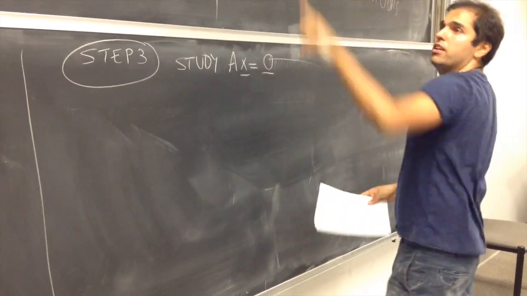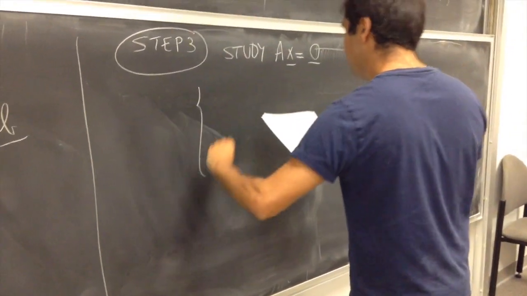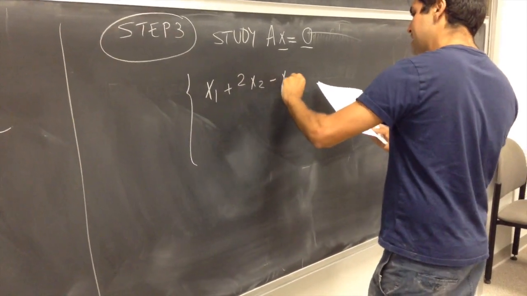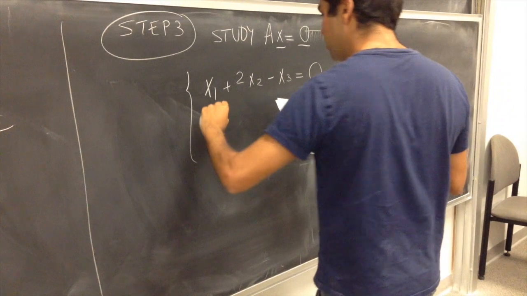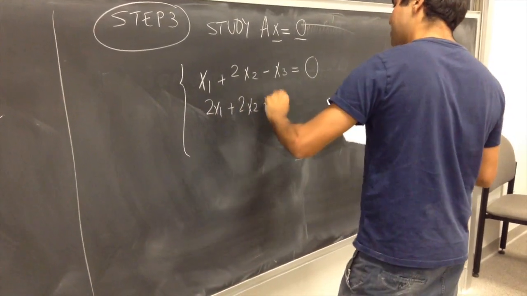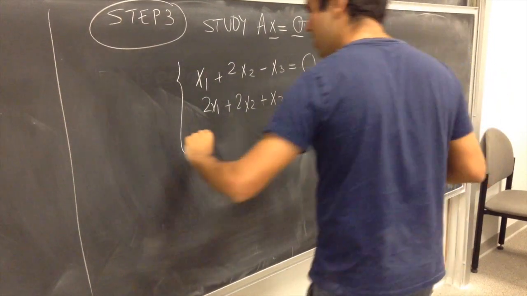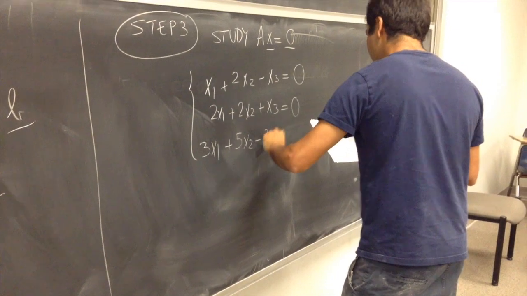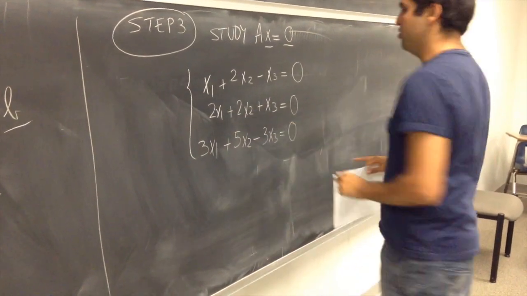And for example, in the above example, the system would be x1 plus 2x2 minus x3 equals 0, 2x1 plus 2x2 plus x3 equals 0, and 3x1 plus 5x2 minus 3x3 equals 0.